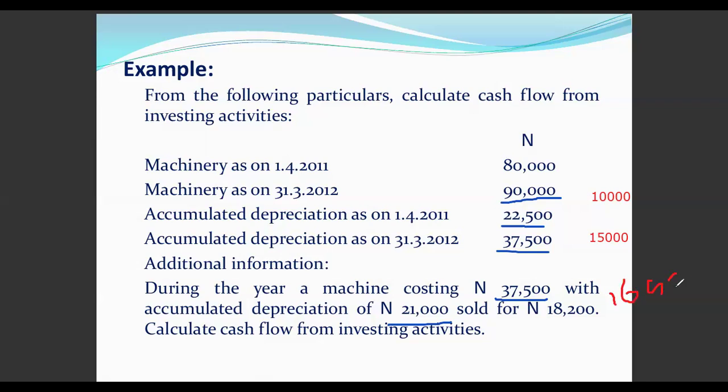So the machine of 16,500 is sold at 18,200. So again, I'm having profits, and this income is shown in cash flow. So just read the numerical because I'm explaining virtually. I cannot show both slides parallel.